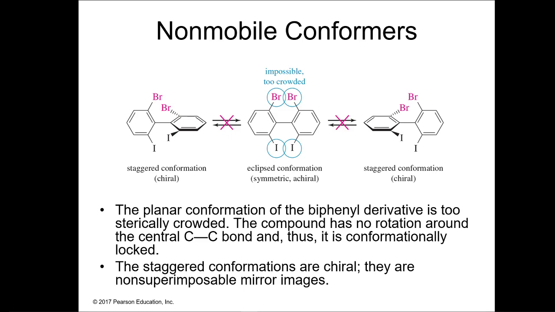So those two staggered formations, since you can't rotate around that bond because the bromines and the iodides will bump into each other, are essentially, for all intents and purposes, chiral, even though you could conceive of, if the bond were longer, they could just freely rotate. So there are some minor exceptions. I don't want you to get too worried about those. Focus more on the individual carbons, the asymmetric carbons. That's what's really going to be important.